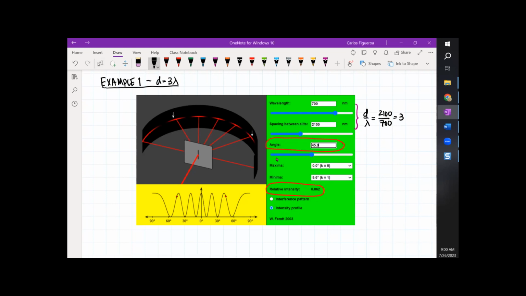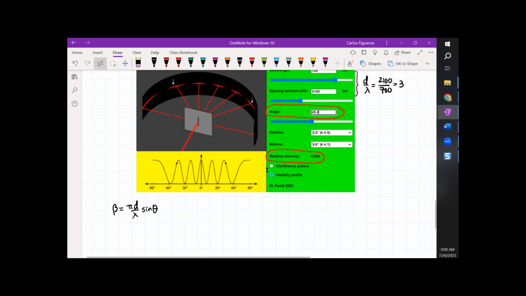So beta is equal to pi d over lambda sine of theta. But now we're going to pick d over lambda to be 3, and then we have sine of 45. So if I plug this in, remember, I do not calculate pi. So this will be 3 times the sine of 45 times pi.